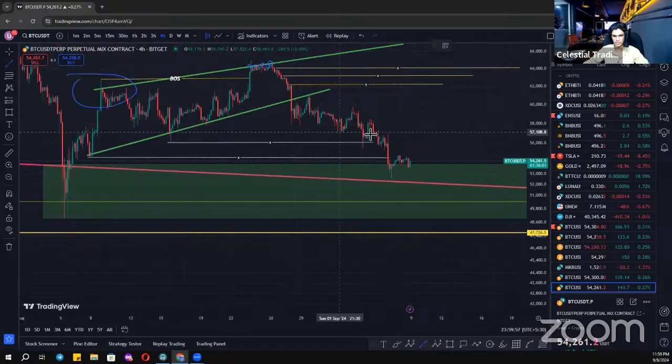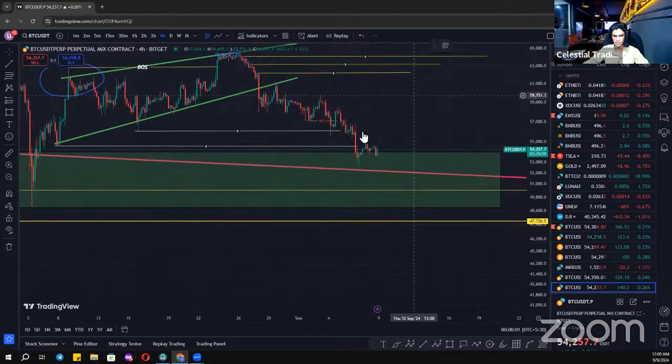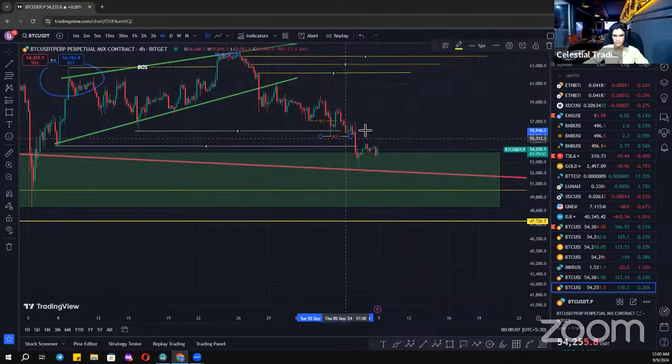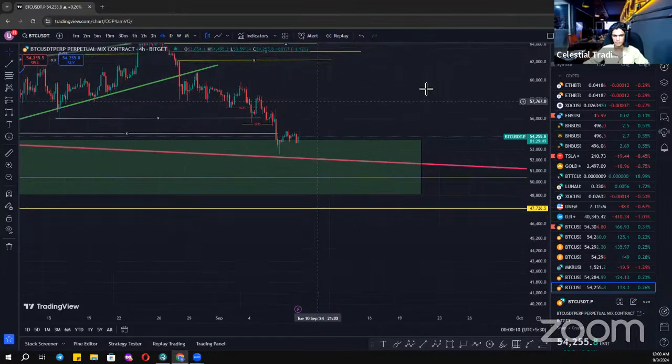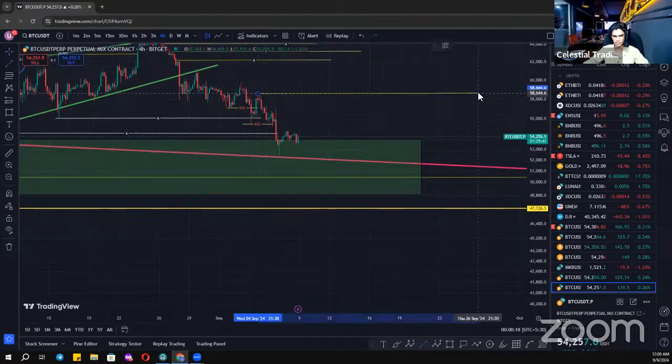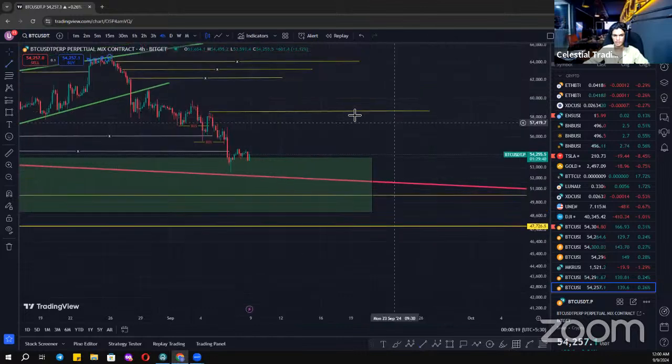Now we'll take this as a break of structure, and we'll take this also as BOS. Now the market should break this high.